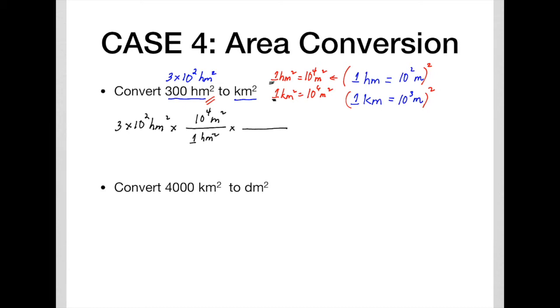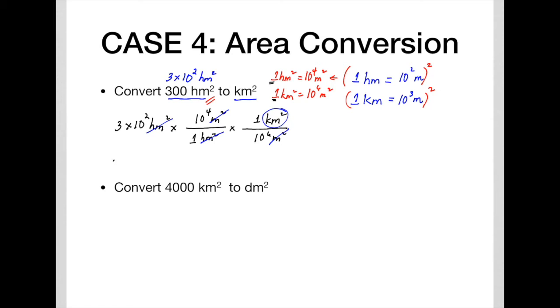Next one is this, 10 raised to 6 meter square. It has 1 kilometer square. And then therefore, I could now solve for my final answer. But before I solve for my final answer, let me cancel my units. Then I have now kilometer square.